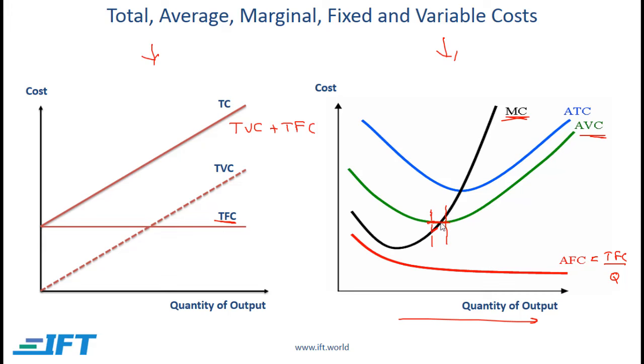So to the left of the intersection, the average variable cost must be coming down. To the right of the intersection, the average variable cost must be going up, which means that the marginal cost has to intersect the average variable cost at the minimum. And the same point over here, the marginal cost curve has to intersect the average total cost curve at the minimum point. So keep this in mind.